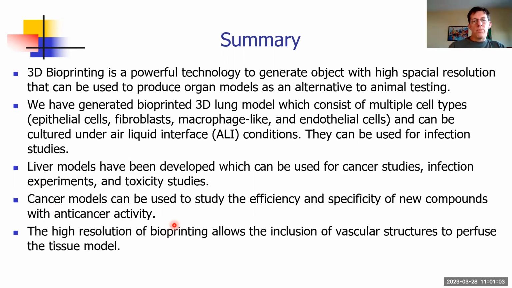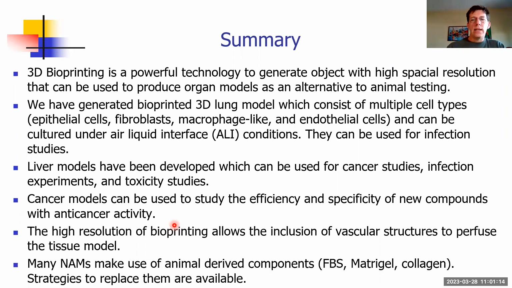And the bioprinting also allows to include vascular structures. That is a big advantage compared to other 3D cultivation methods like organoids or spheroids. And finally, I wanted to make you aware of the use of many animal components in our NAMs, and that we should follow routes to replace them.